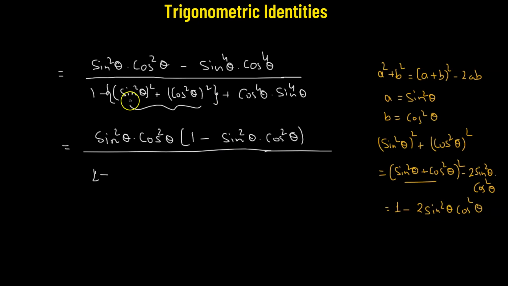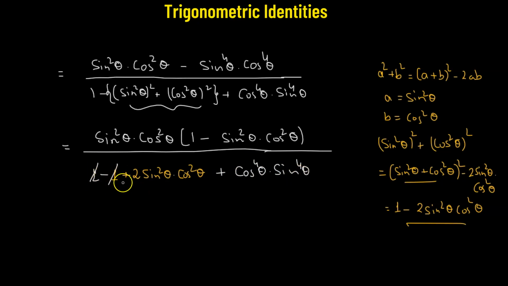So now that I have sine squared theta whole squared plus cosine squared theta whole squared in this format, let's use this. So we have negative 1 plus 2 times sine squared theta times cosine squared theta. That will now be added to cosine theta whole raised to the power of 4 times sine theta whole raised to the power of 4.